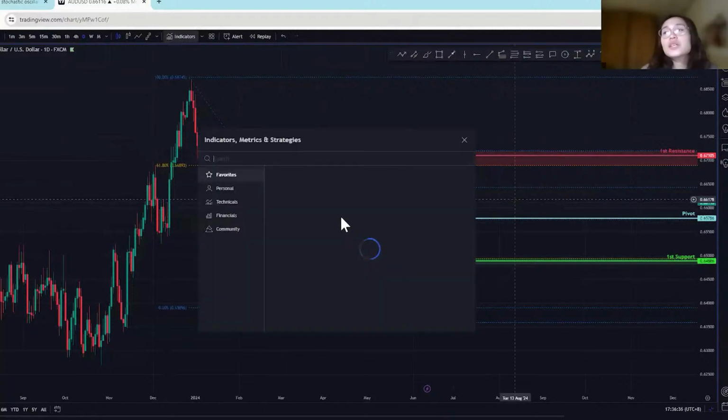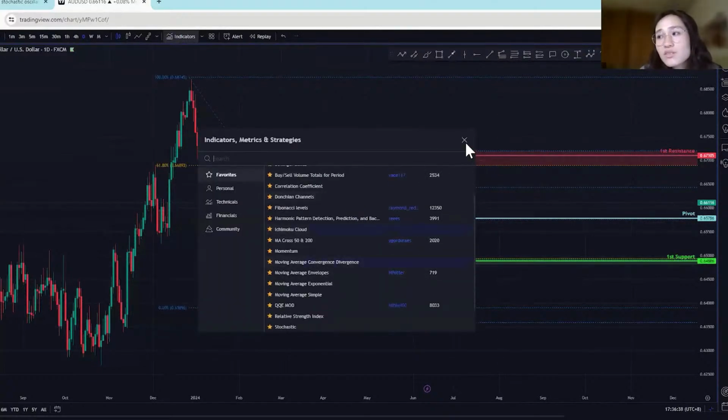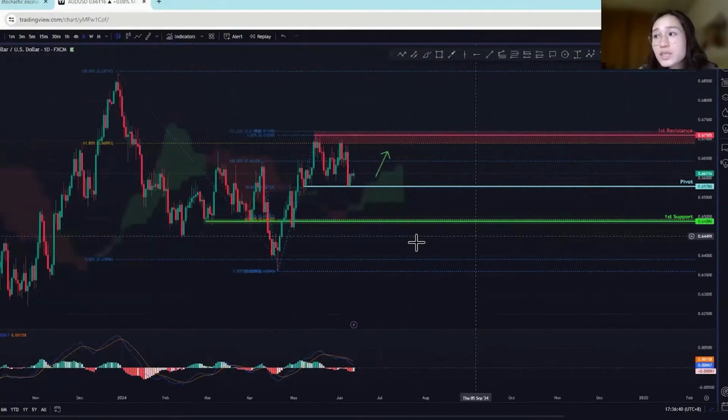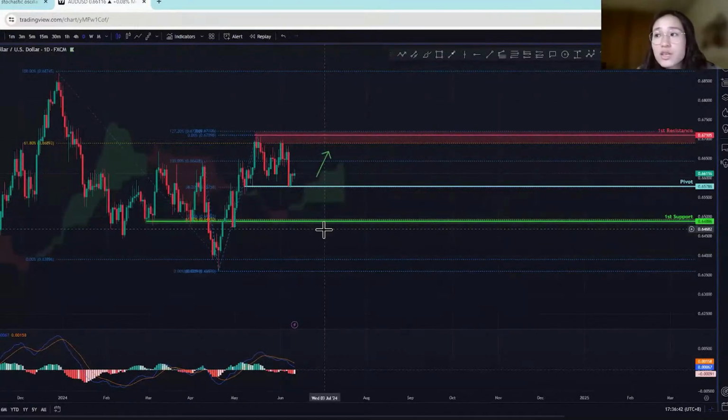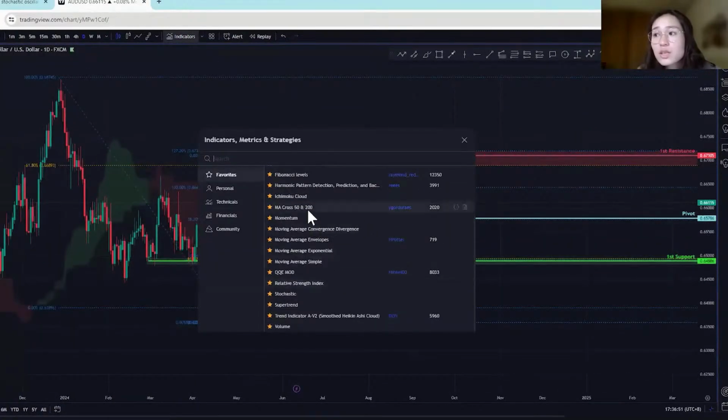Now let's look at some indicators. I like to start off by looking at Ichimoku and MACD because it's easier to see at one glance what your signals are. So Ichimoku supports our bullish signal. MACD is not supporting our bullish signal.